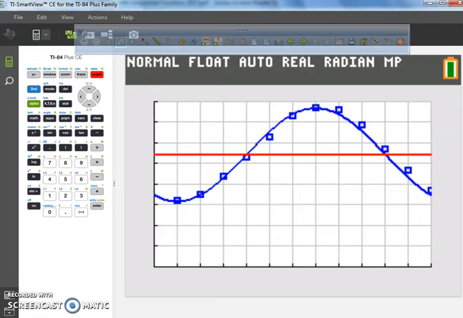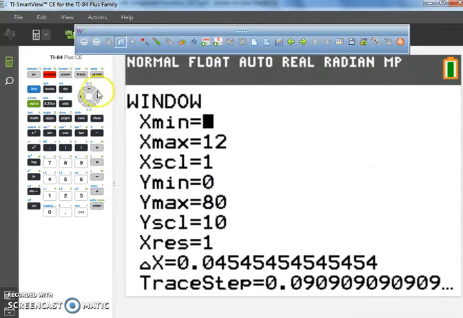So watch what happens. I'm going to change the window. And let's go, instead of from 0 to 12, let's go from 0 to, say, 25. All right, so go to window, X max, let's go 25. And you should see the same pattern, what?